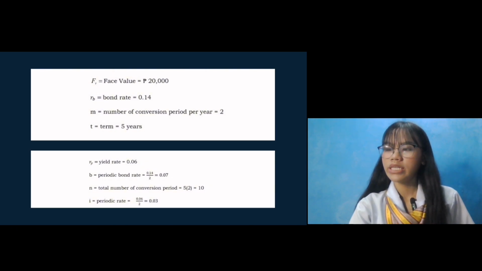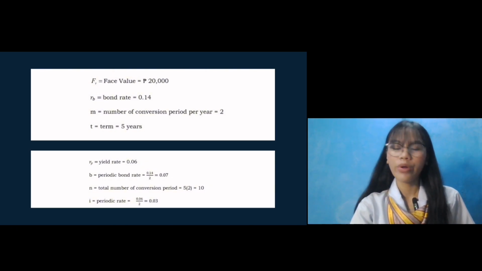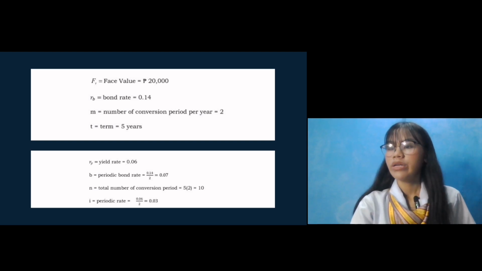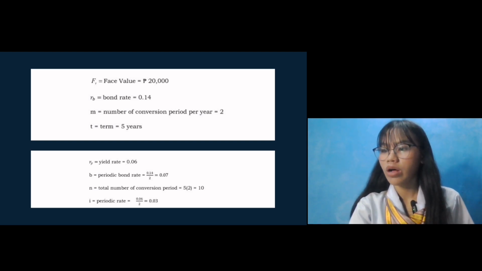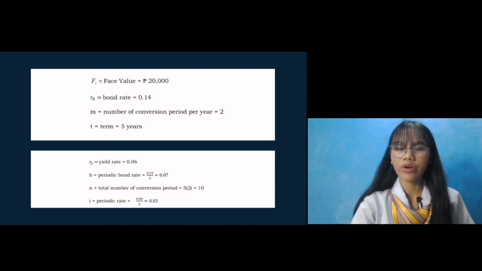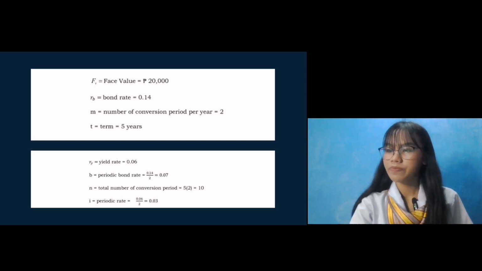Now, since it is stated that it is compounded semi-annually, our M would be 2. Now, our rate from redeemable, that would be 108%, and if we convert it into decimal, that would be 1.08.